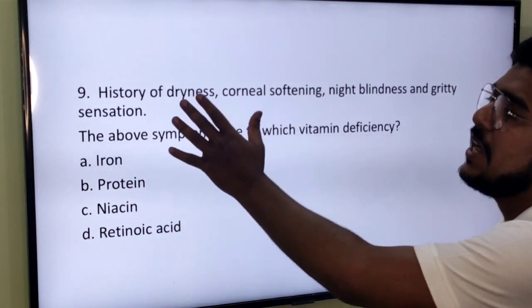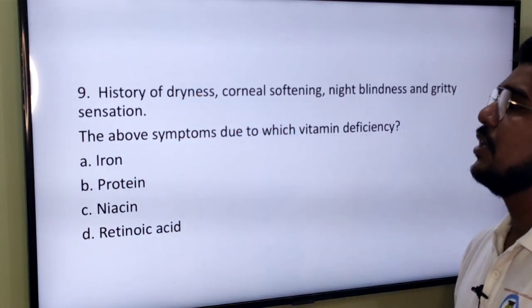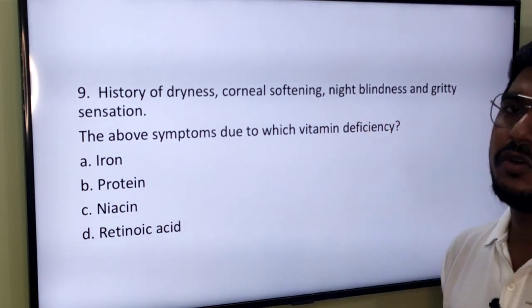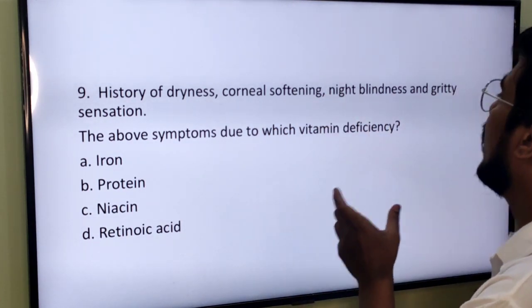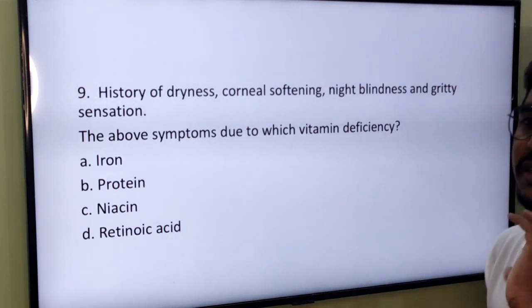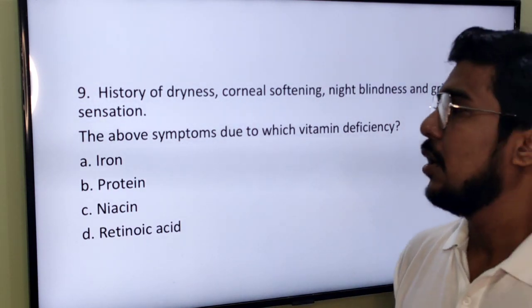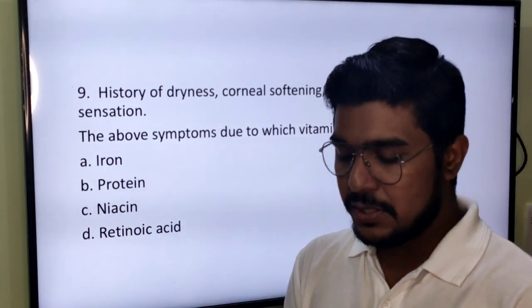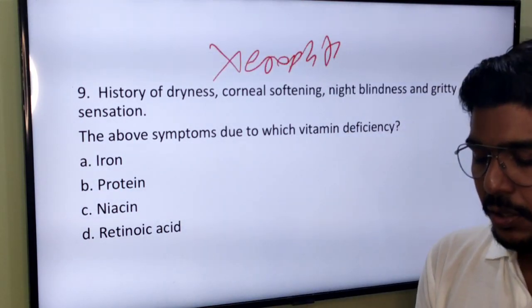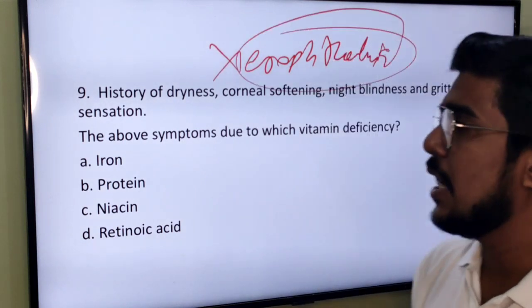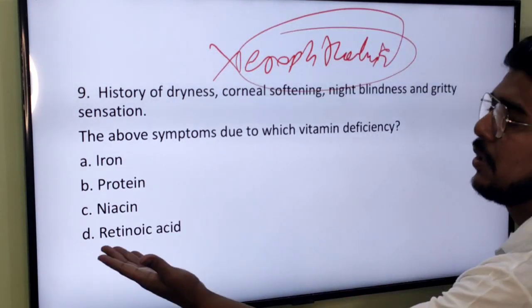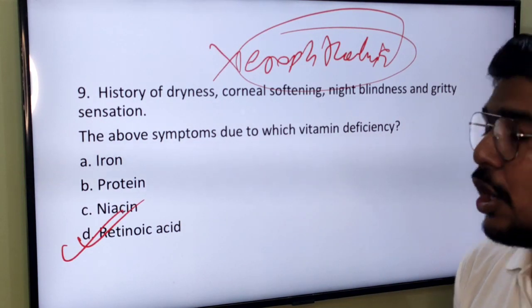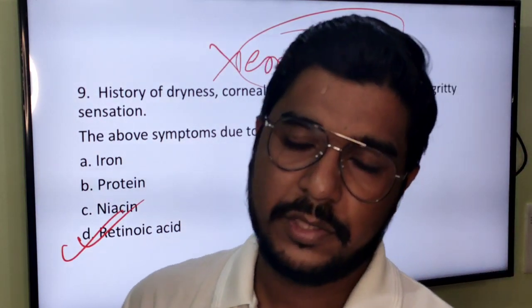Basically, this dryness, that is xerosis, softening, keratomalacia, night blindness, that is nyctalopia, and gritty sensation, xerophthalmia, right? So these are all the features of vitamin A deficiency. This is xerophthalmia, and obviously the answer is retinoic acid. Accordingly, you have to treat the patient.